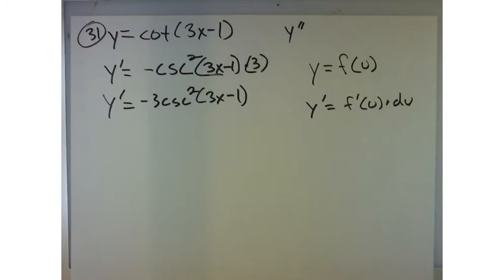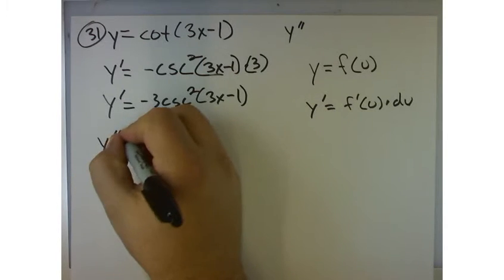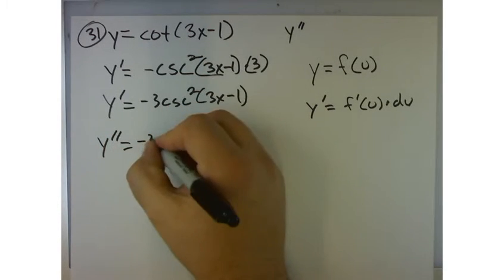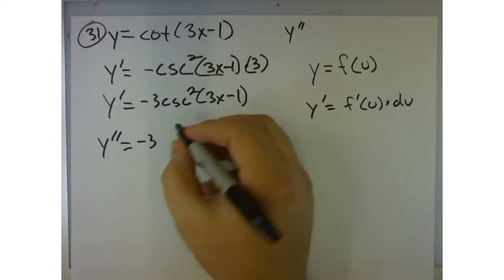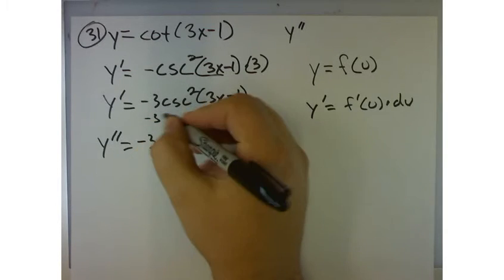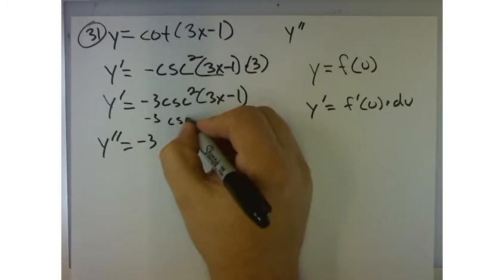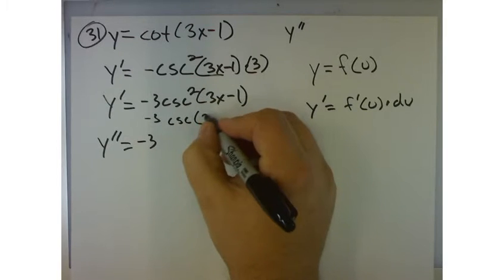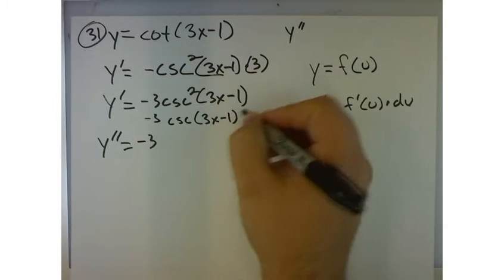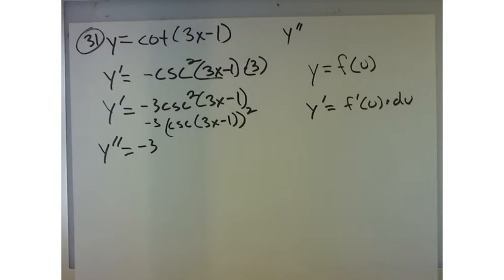And so now y double prime is the derivative of that stuff. So the 3 stays out front. But remember, this is the same as cosecant of this stuff squared. Okay?